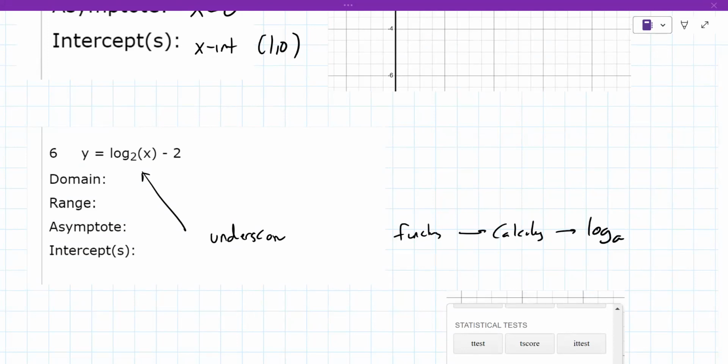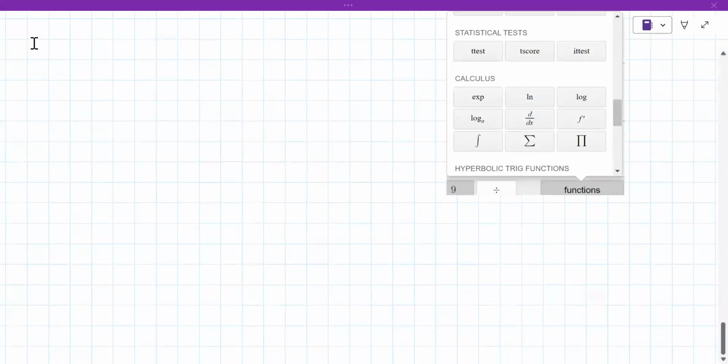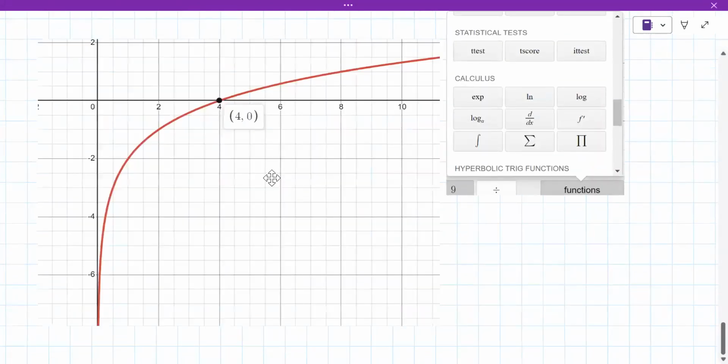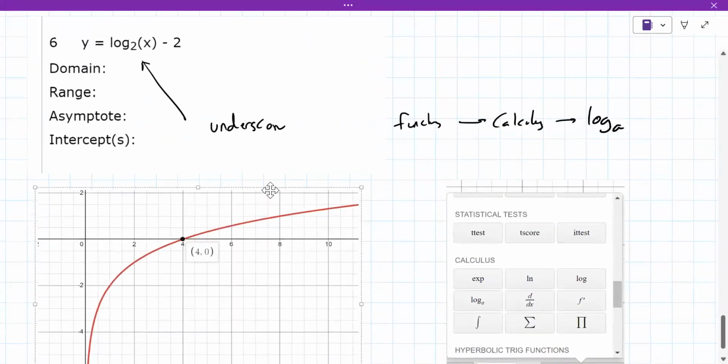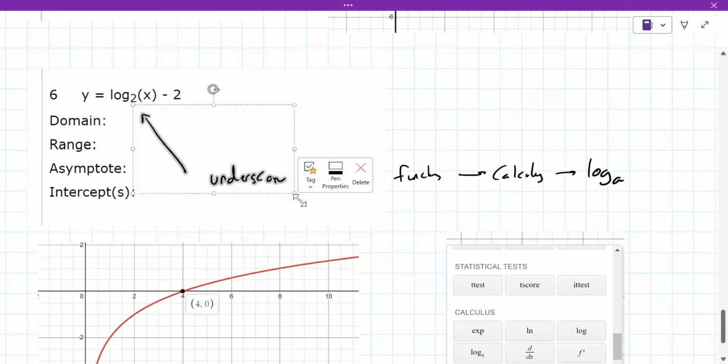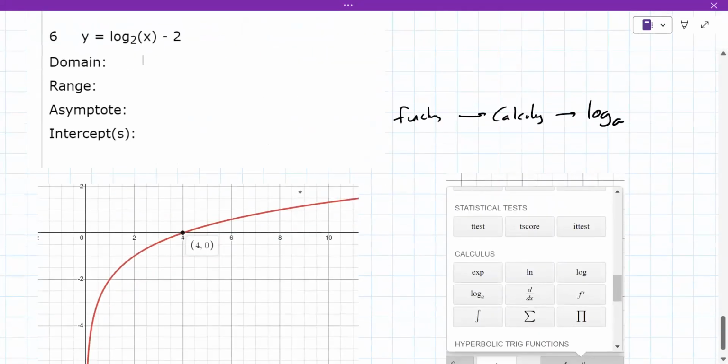Fantastic. So the key characteristic of the graph that you're looking for here is does your graph go through the point 4, 0? Yes. All right, so you got it then. Very good. So the domain is yet to change. It goes from 0 to infinity.